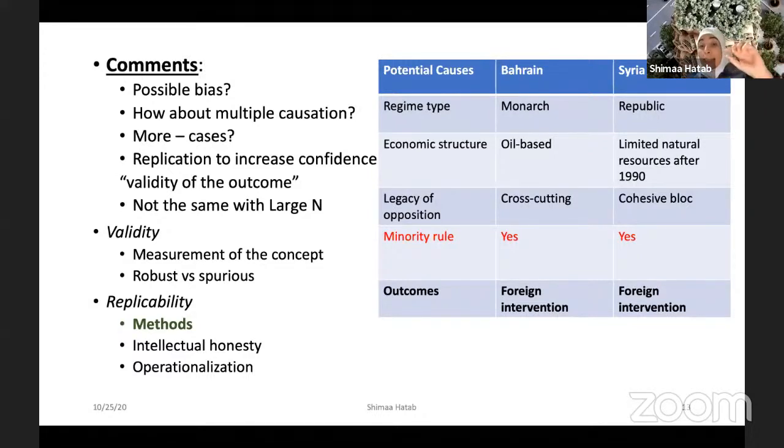But when it comes to minority rule, both of them have minority rule. Sunni in Bahrain are politically predominant and control the majority of Shia. In Syria as well, the Alawi as a minority have political dominance over the Sunni majority.